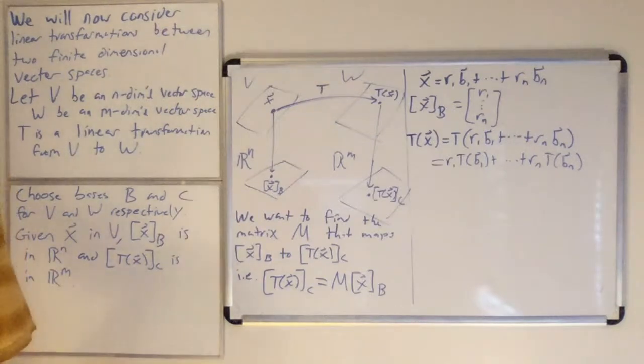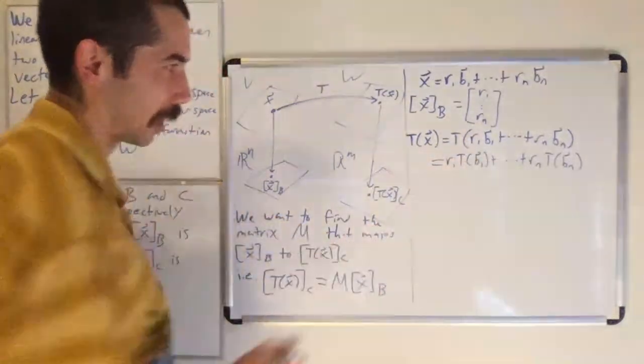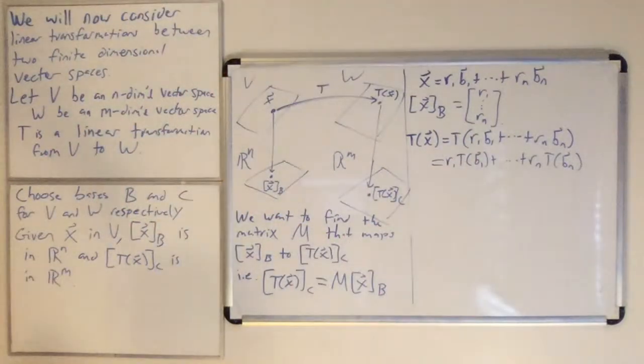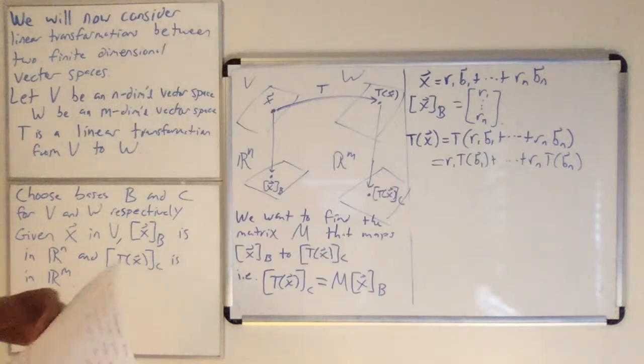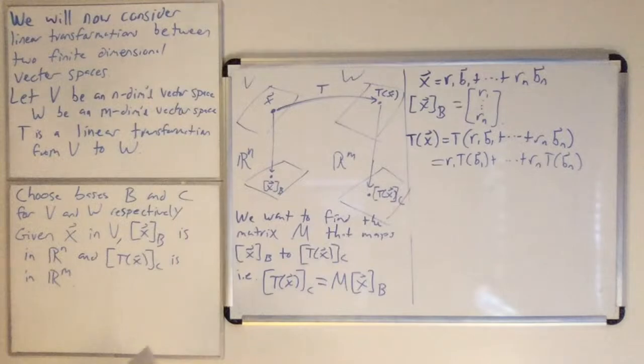That's one of the properties of a linear transformation. Exactly, yes. We're using the fact that T is a linear transformation here to allow us to break it up like this. And now let's look at what the C coordinates of T of X are.